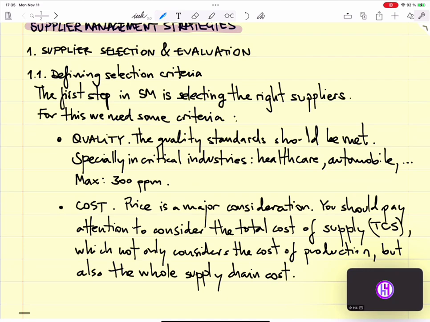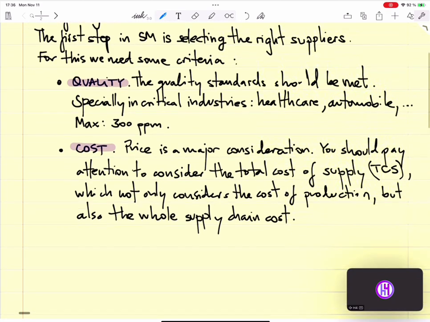Remember, this is an error that many companies made in the 90s, beginning of the 2000s. They went to China because the cost per unit was lower than in Germany or in Europe. But they didn't take into consideration that going to China means a long lead time.